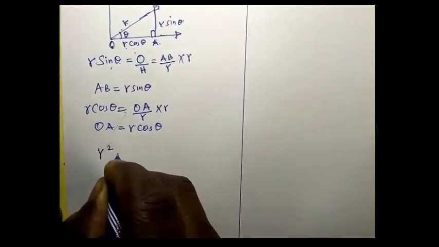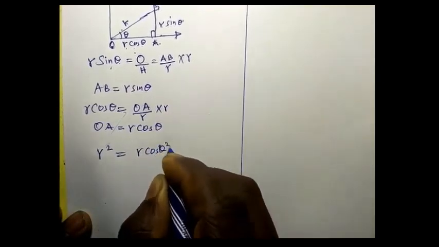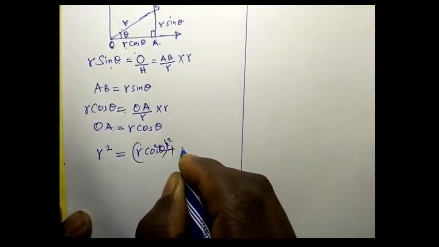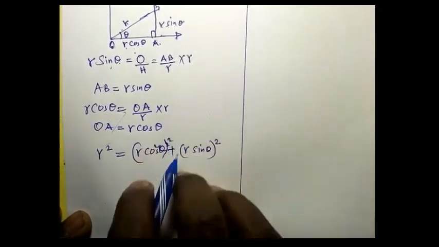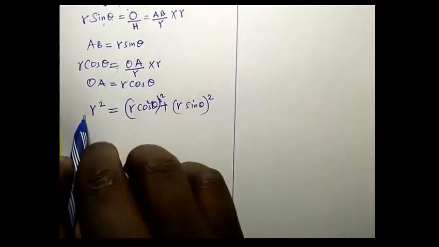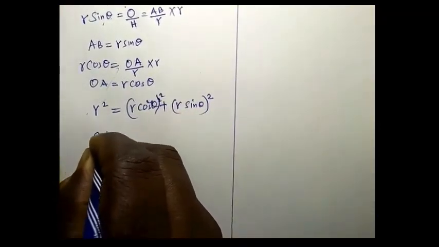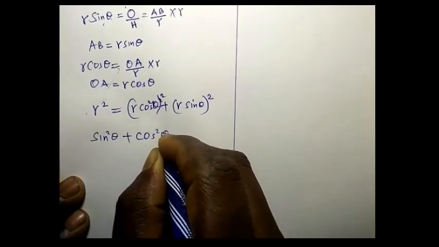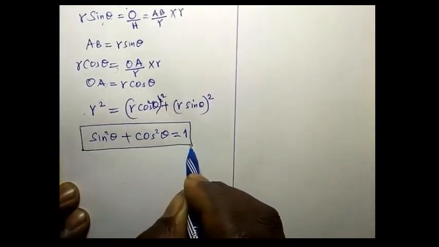Simplifying this, we are going to get that sine square theta plus cos square theta equals 1. So this is the equation that we wanted to derive.